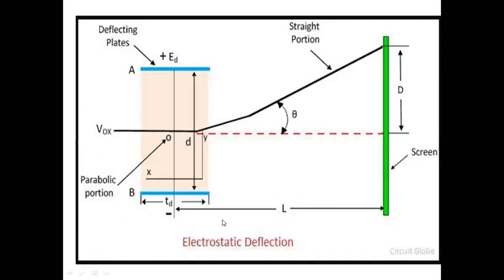This is the mid of the plate, half of the plate, and the distance from there to the screen is capital L. And Vox is the accelerating velocity with which the electrons enter the two deflecting plates.